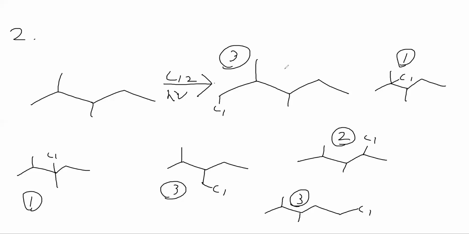So that's why these two tertiary products are the most abundant, because they formed from the most stable radicals, so they form the fastest. And then the secondary one would be, I guess, second most abundant, and the three primary ones would be least abundant.